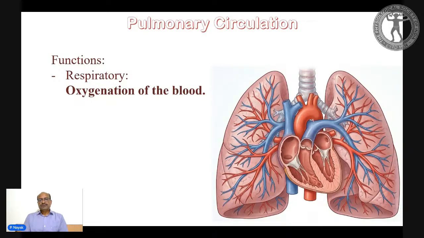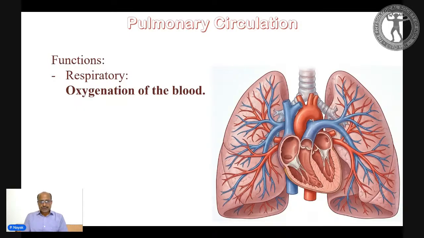So what we are getting from the systemic circulation is deoxygenated blood, where the hemoglobins have already used their oxygen as much as they can, and then again it is being refilled, recharged with oxygen at the lungs level.